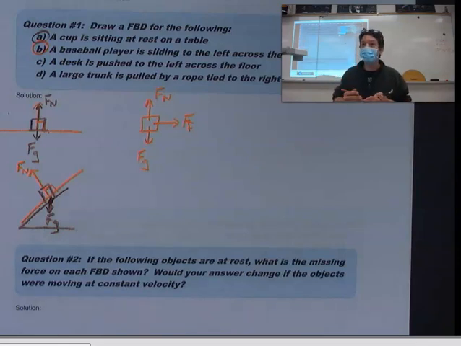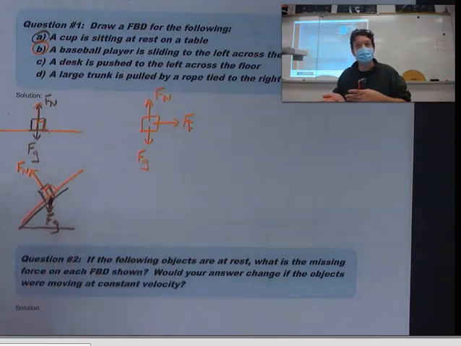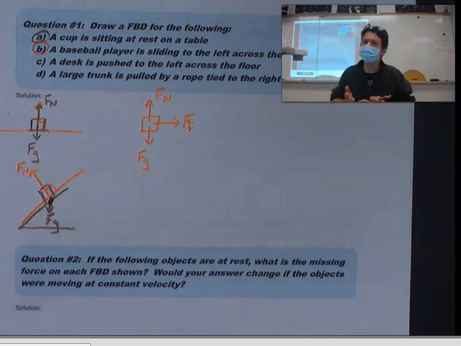If you look at a baseball player sliding to the left, that baseball player is slowing down, not speeding up. That would be weird if you slid and then suddenly your speed increased. You slow down. Because you're slowing down, we have an acceleration in the opposite direction of the motion, and therefore we must have a force in that direction. There must be a force in the direction of acceleration, but not in the direction of motion. So in this case, those are all the forces we have acting on the baseball player.